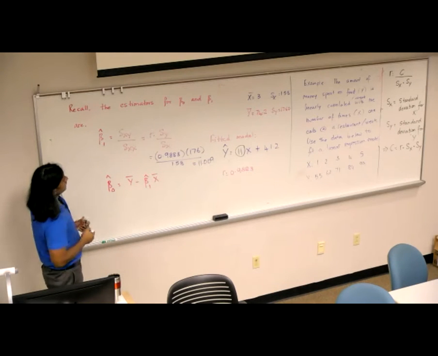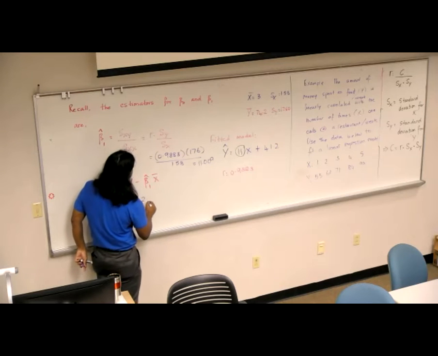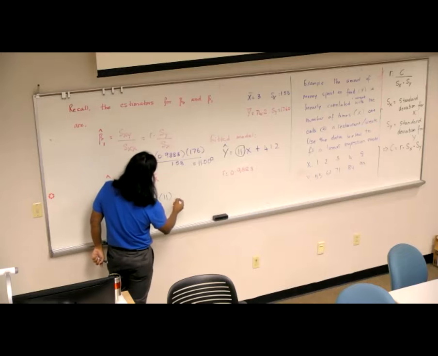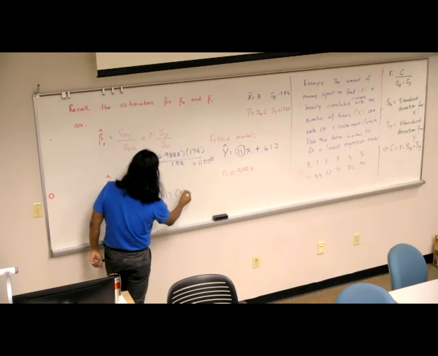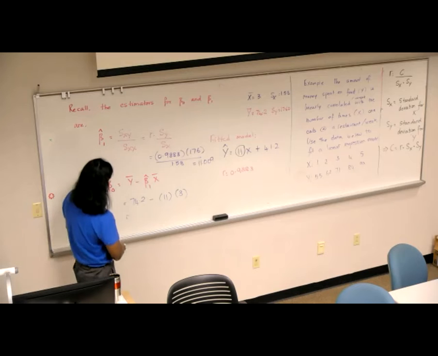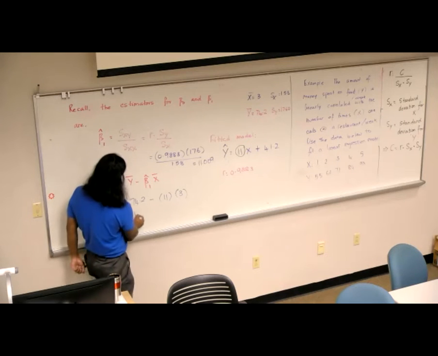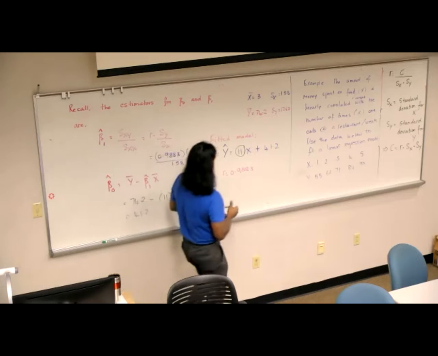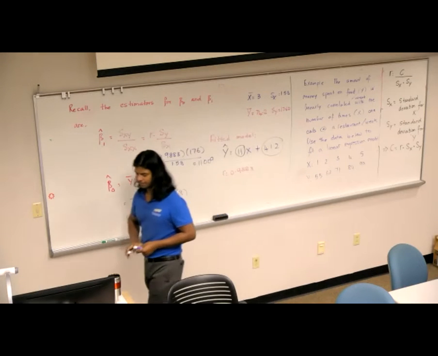We take the value of the mean, 74.2, minus 11 times the value of x bar, 3. That is 74.2 minus 33, 41.2. Matches that.